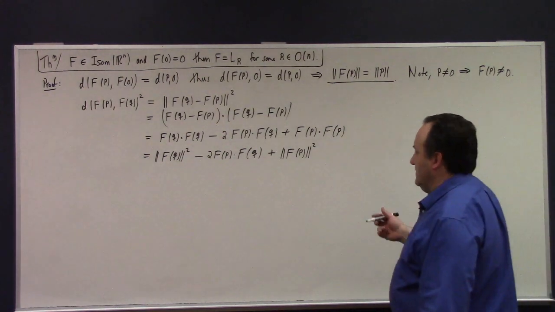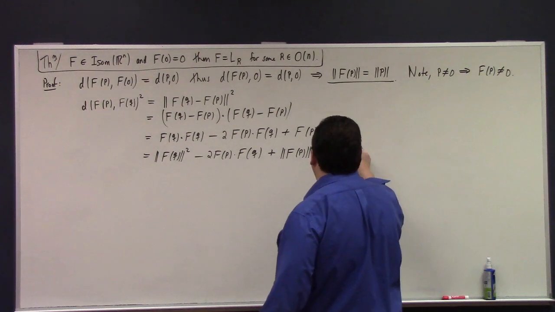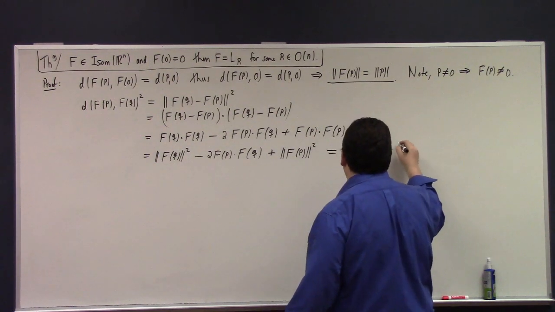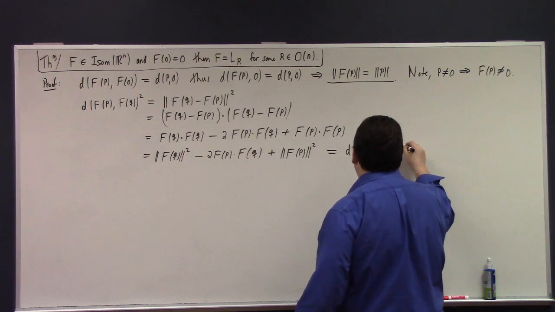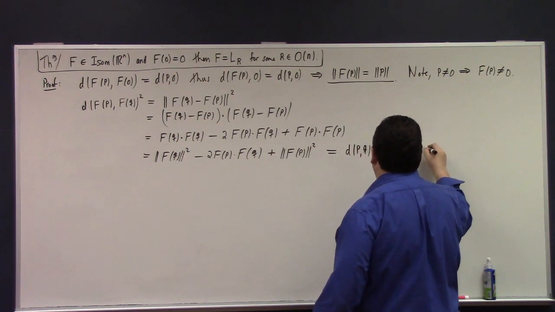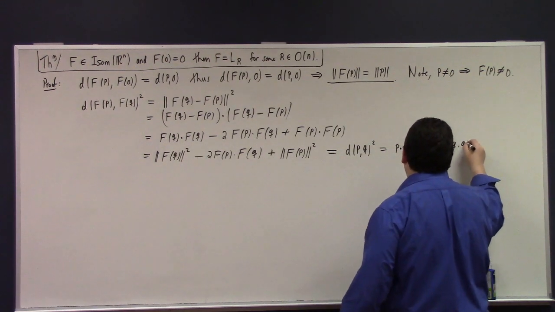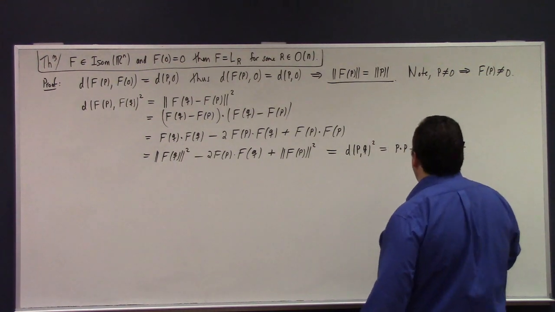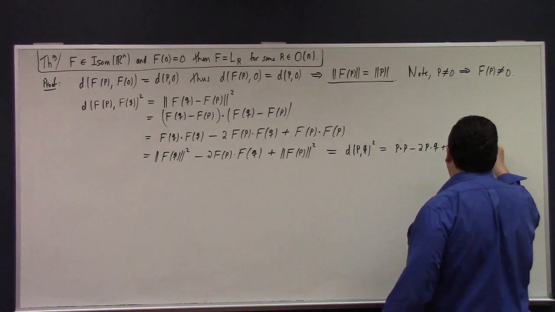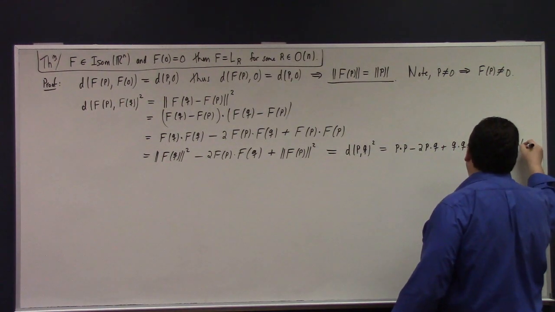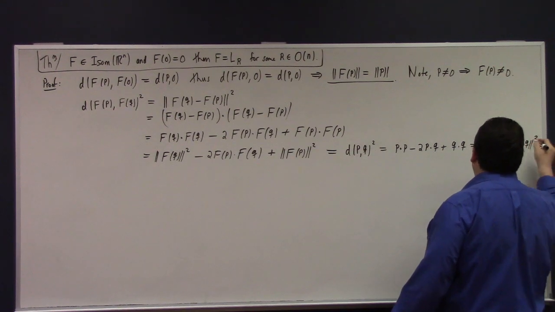But this is equal to the distance from p to q squared, which is itself equal to p dot p minus 2 p dot q plus q dot q, which you might recognize as the length of p squared minus 2 p dot q plus the length of q squared.